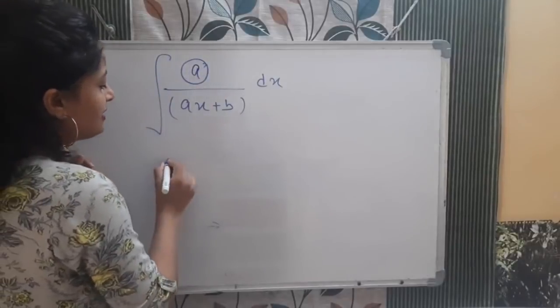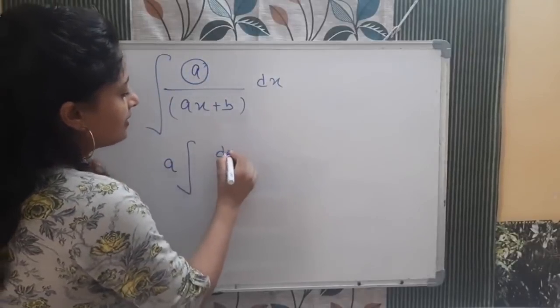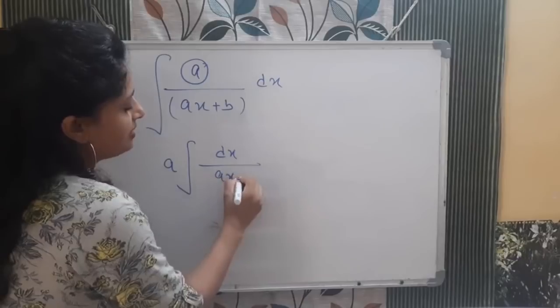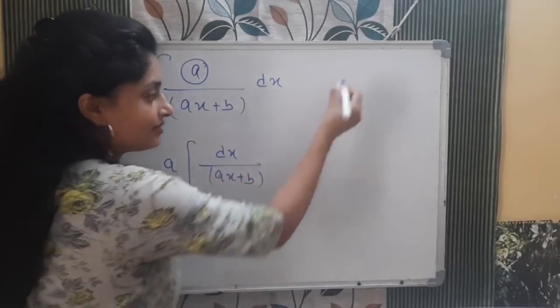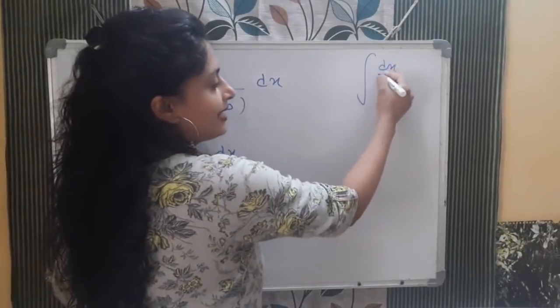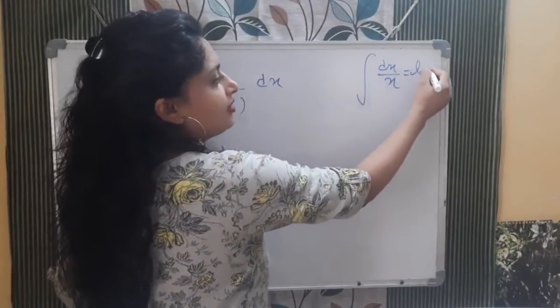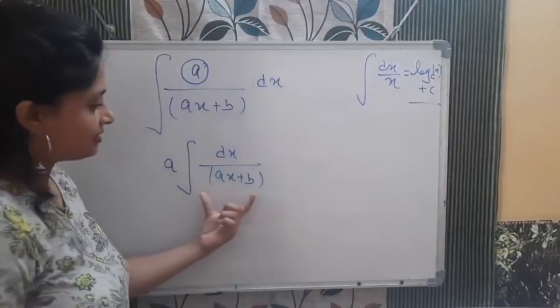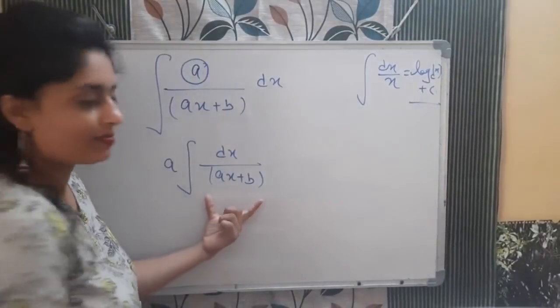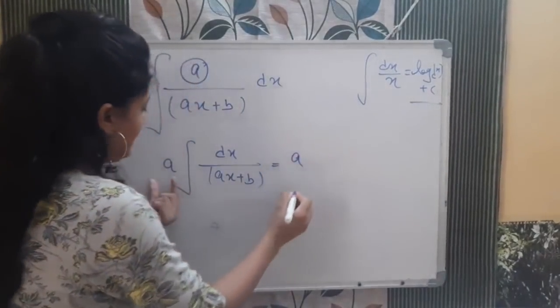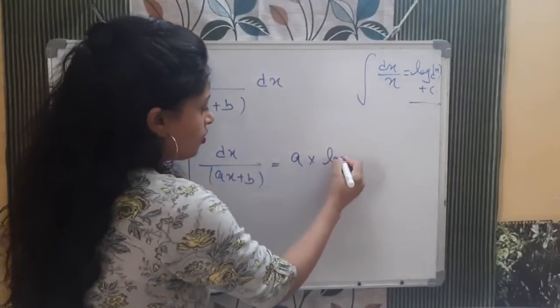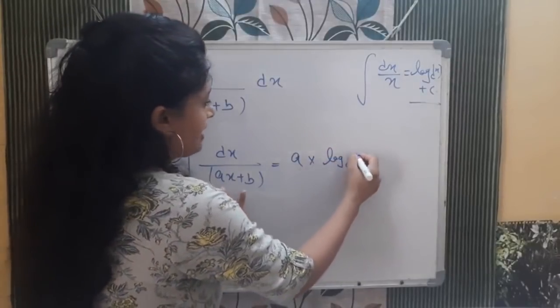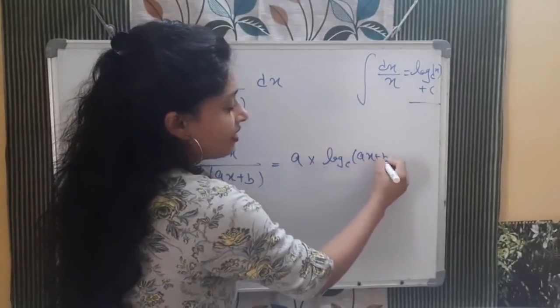Constant है, we will take it out, a को बाहर लेके आए, अंदर क्या बचा? dx divided by ax plus b. अभी मैंने तुम लोगों को basic formula बताया था that something divided by x, so उसके लिए क्या था? log e x plus c, that was this. So अभी इसका integration करेंगे, so पहले तो basic formula we will use, a is outside into log e ax plus b, ये हो गया.